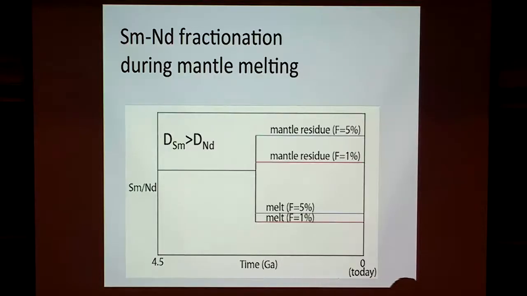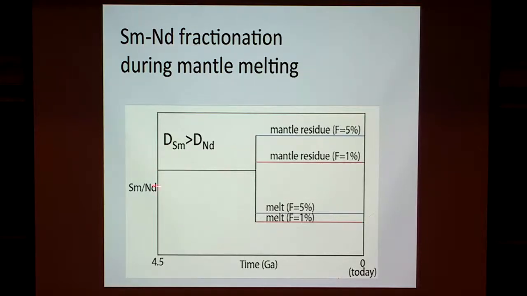So what happens when you melt the mantle? Remember how the rubidium-strontium ratio, the parent-daughter ratio, increases in the melt when you melt a primitive mantle reservoir? Well, what happens with samarium-neodymium?